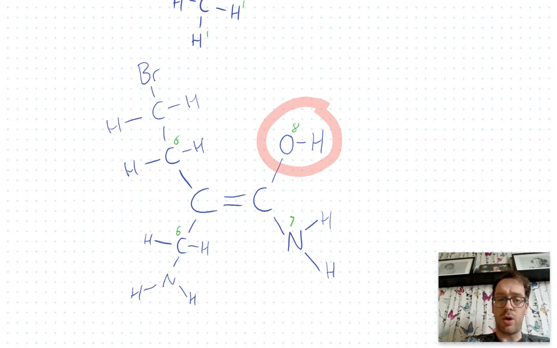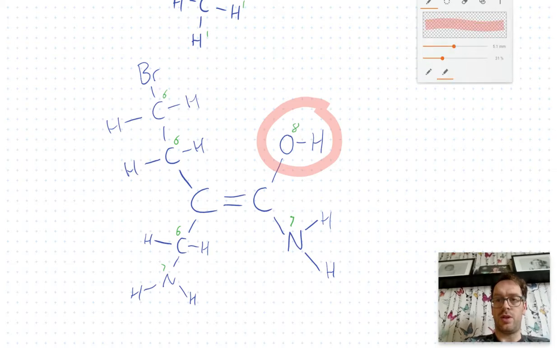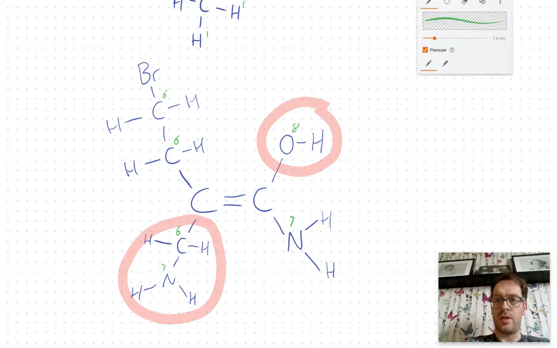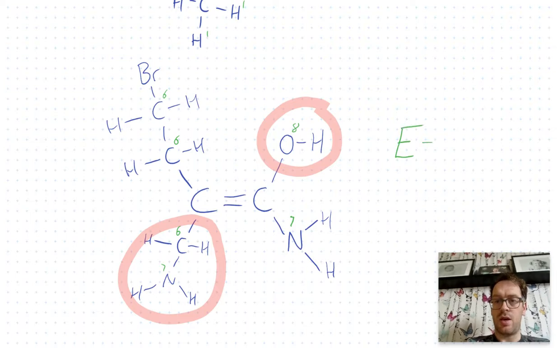So tied at the moment, and then we've got a 6 and a 7 there. So the nitrogen breaks the tie over the carbon. So this one is the priority group, and therefore this is the E isomer.